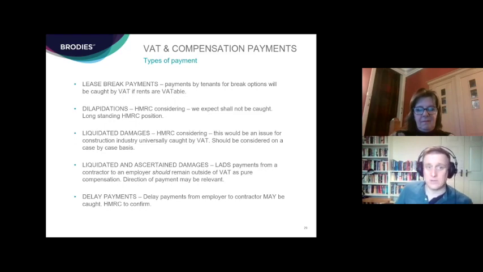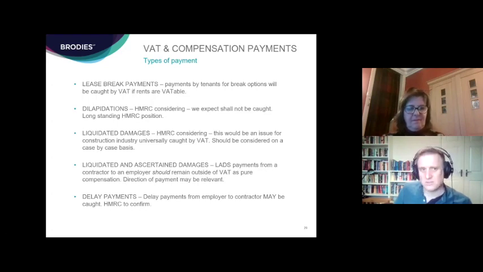What we have with liquidated and ascertained damages is always a payment from a contractor to their employer for underperformance in some area, or for various bits of breach of contract. And so that first question about supply becomes relevant. Is the employer supplying anything to the contractor?